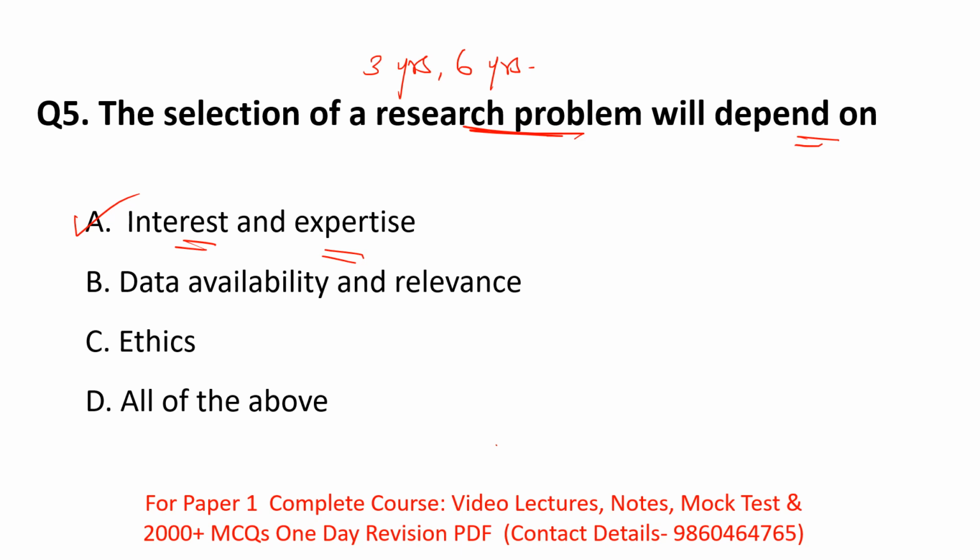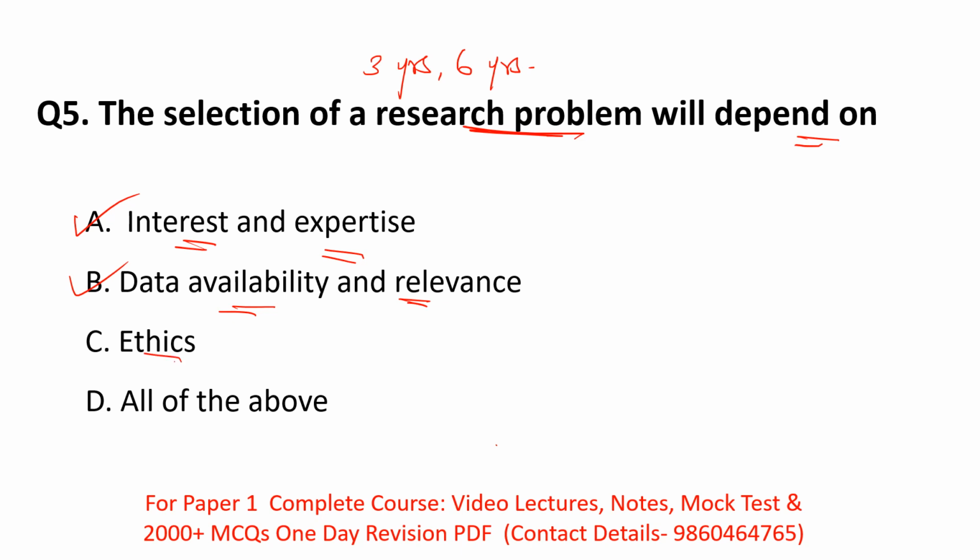Then option B, data availability and relevance. Yes, on the problem you choose, references should be there, meaning previous knowledge, what researchers previously did on that topic. Some data should be there on your research problem previously. So option B is also correct.